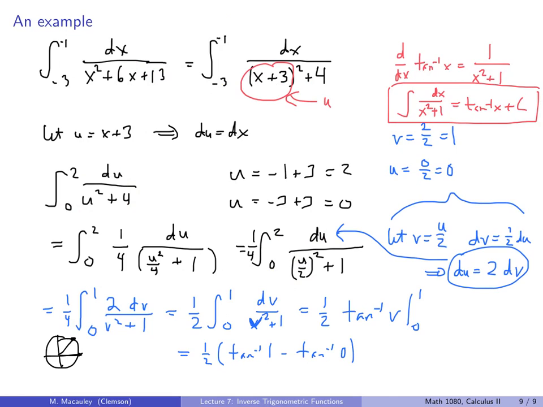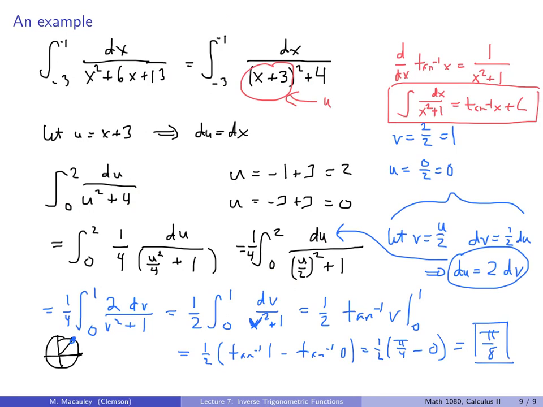So this here is 1/2 times pi over 4, that's arctangent of 1, minus 0, which is pi over 8. And that is our final answer.